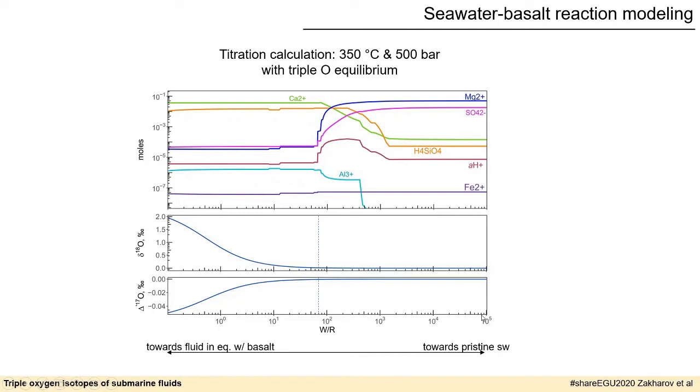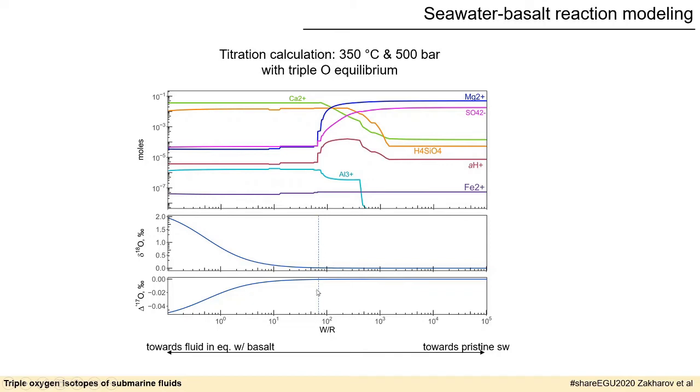All the way to the right, where the water-to-rock ratios are high, the chemical composition of the fluid is dominated by that of pristine seawater, and all the way to the left, it is buffered by the equilibrium with basalt. The first thing to see is that the magnesium concentration drops dramatically at a water-to-rock ratio below 100.